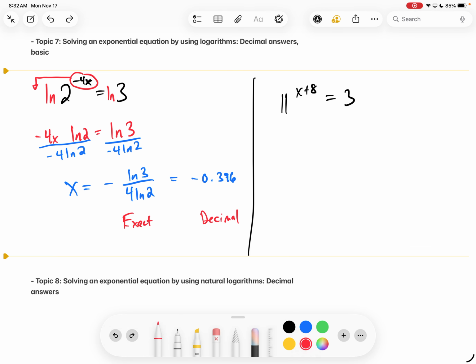So on this one, I am going to take the ln of both sides. That allows me to take this exponent and drop it down out in front. So I have x plus 8 times the ln of 11 equals the ln of 3.